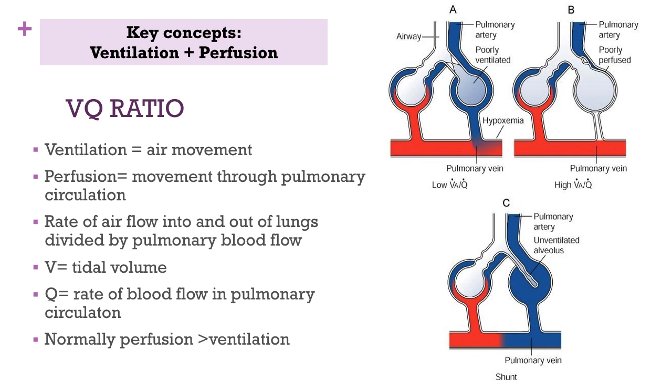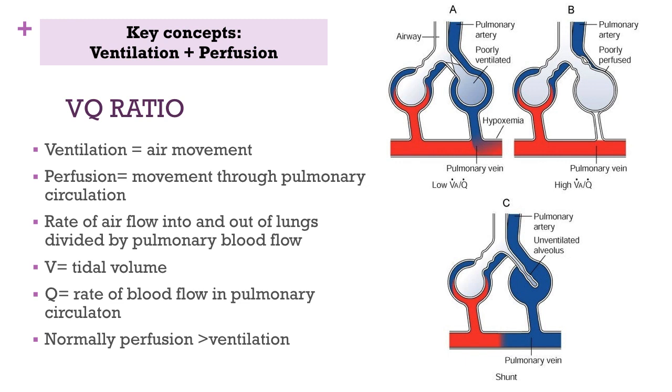When we talk about ventilation and perfusion, you may have heard the terms VQ ratio, or ventilation perfusion ratios. Ventilation, again, is the movement of air, and perfusion is the movement through the pulmonary circulation. So the rate of airflow into and out of the lungs needs to be matched to some extent to the pulmonary circulation, the blood that is coming through.